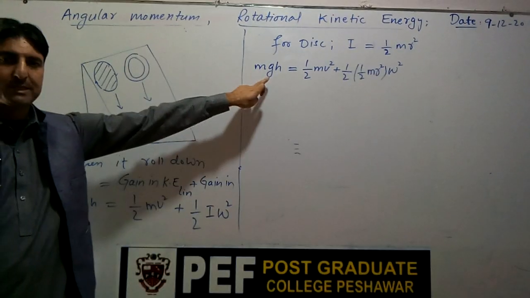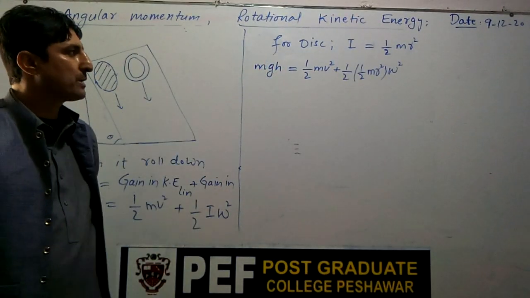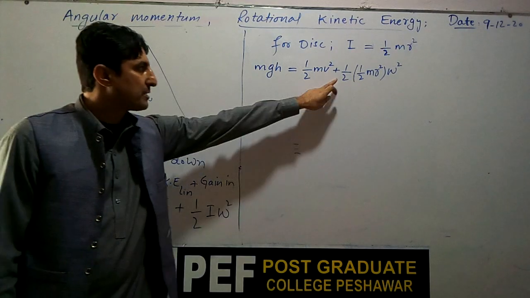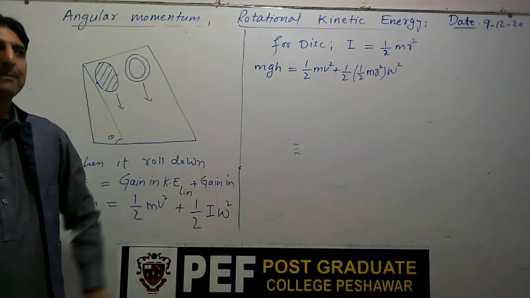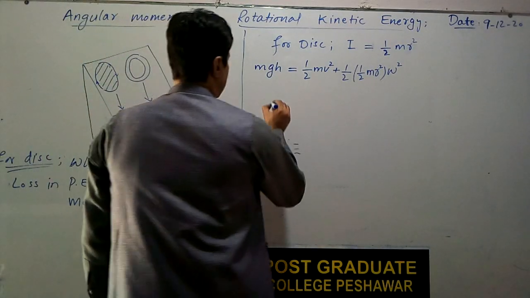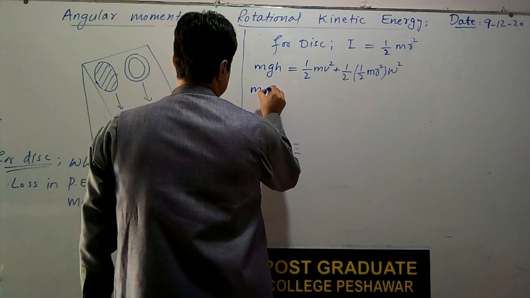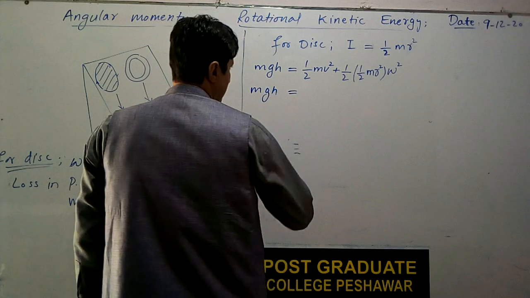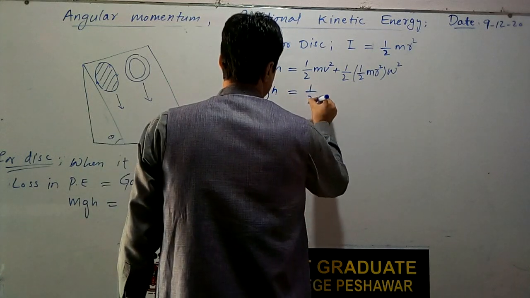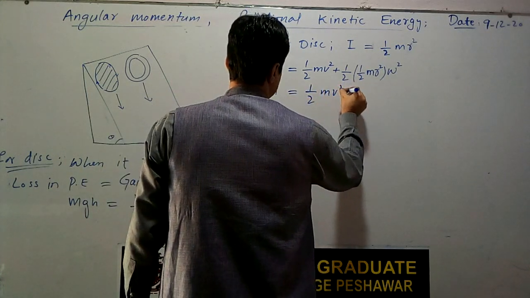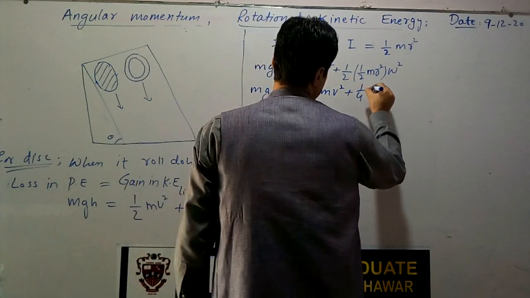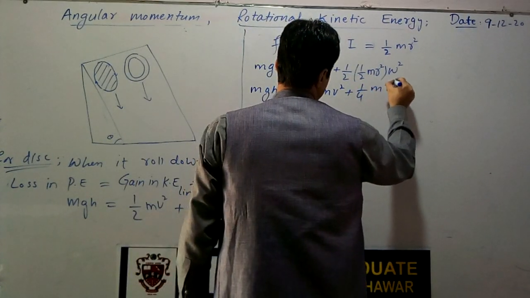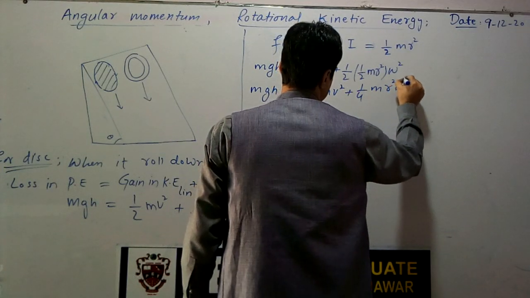We get mgh equal to 1 divided by 2 mv square plus 1 divided by 2 into 1 divided by 2. This is the value of I. mr square omega square. So we get mgh is equal to 1 divided by 2 mv square plus 1 divided by 4 mr square omega square.